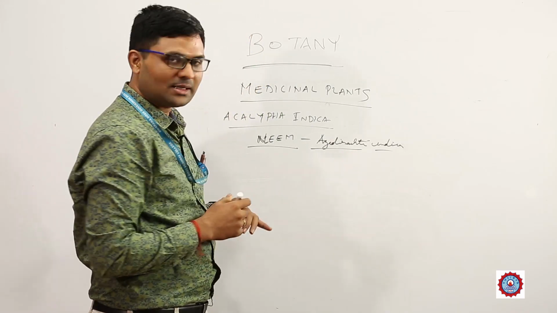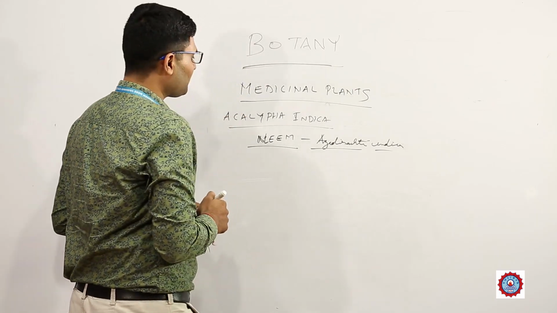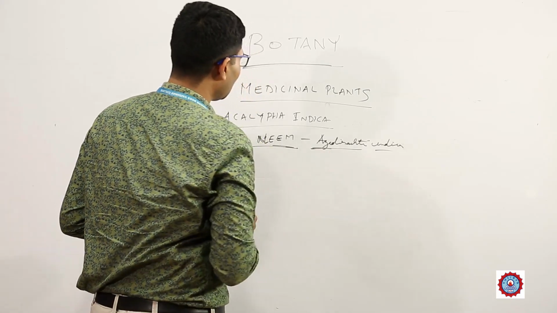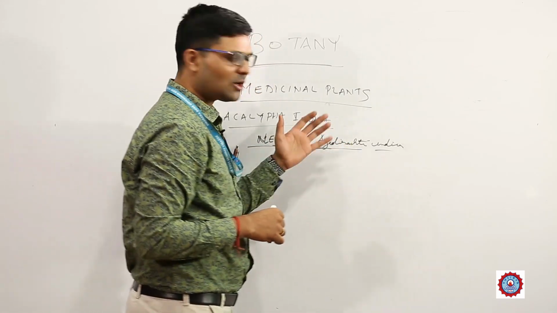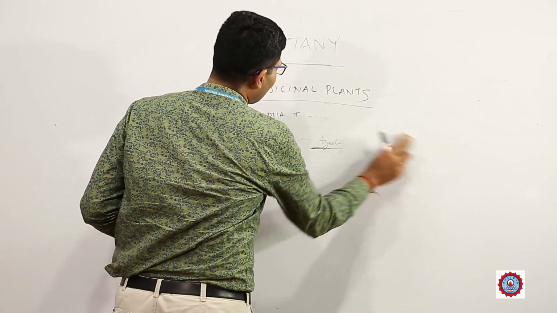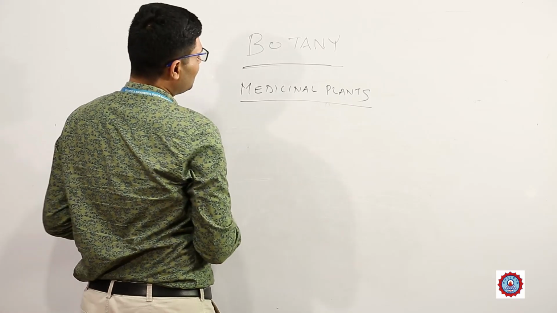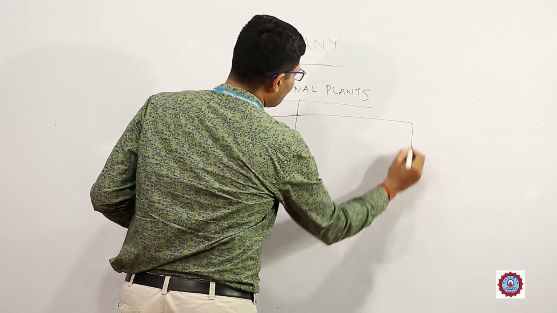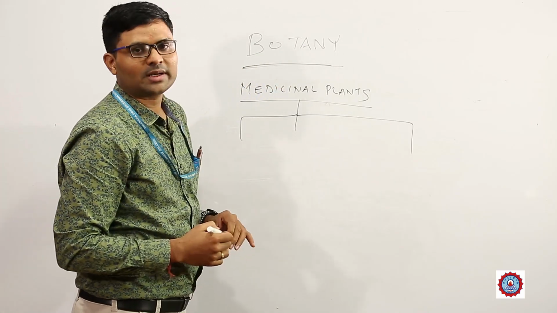Then there is another plant, in Tamil it is known as... So other plants like this, there are a lot of plants, okay. So based on the medicinal plants, there are a lot of therapies available, right?